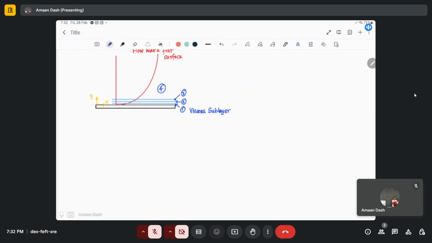Then we have a buffer layer where the transition occurs between viscous and inertial sublayers. And then we have an inertial sublayer. This is the inertial sublayer.